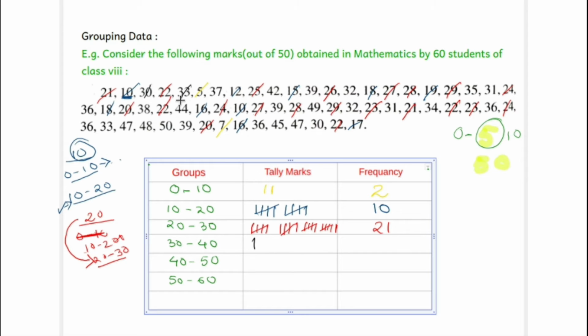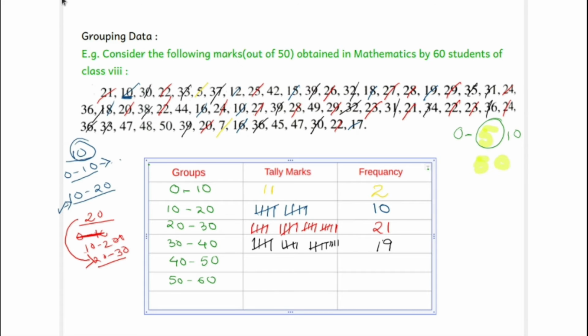Okay, so 1, 33, 2, 3, 4, 5, 6, 7, 8, 9, 10, 11, 12, 13, 14, 15, 16, 17, 18, 19. So there are total 19 numbers in this group 30 to 40.